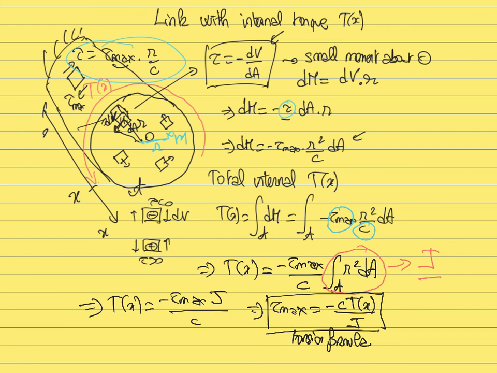T of x is the internal torque at the point x, and J is the polar moment of inertia. This gives you the maximum shear stress at the surface.